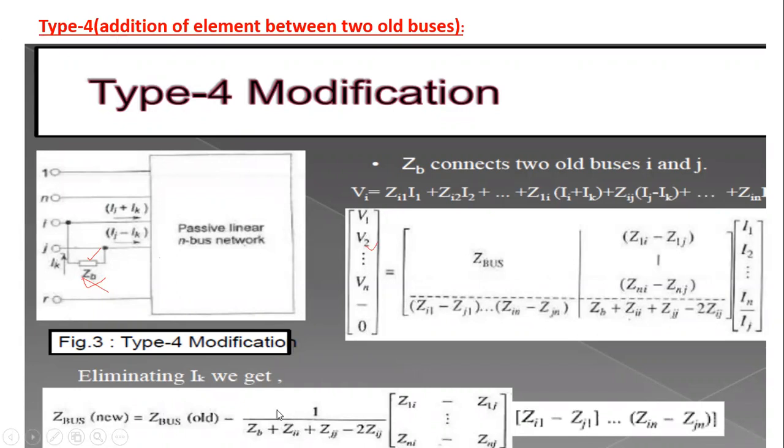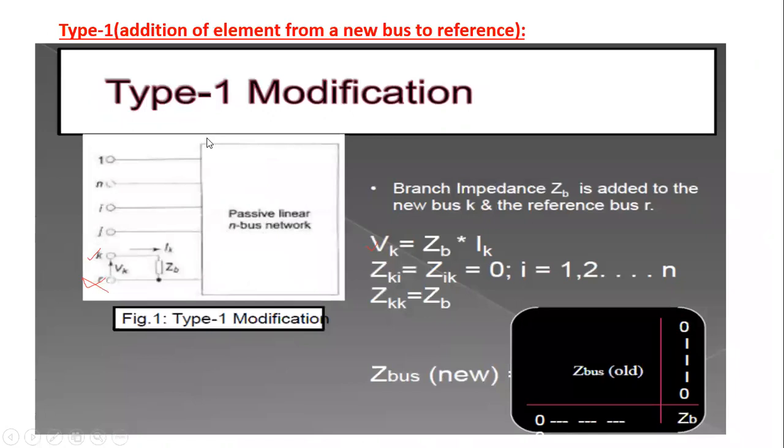Before going to solving the problem, we remember the formulas for all the types of modifications. What is type 1 modification?